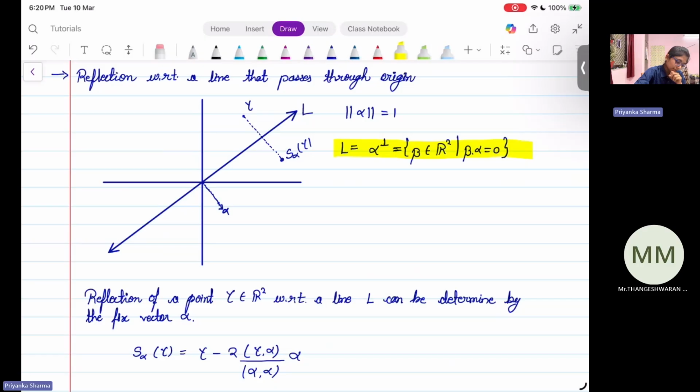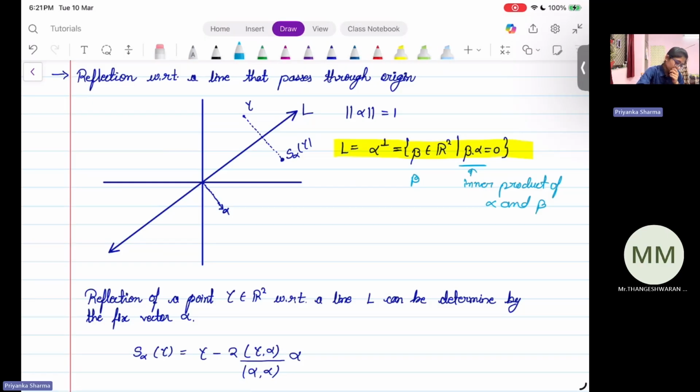L is alpha perp, which is the collection of all beta belonging to R square such that beta dot alpha is 0. That is, line L can be represented as the collection of all beta orthogonal to alpha. This is actually the inner product of alpha and beta. Okay.